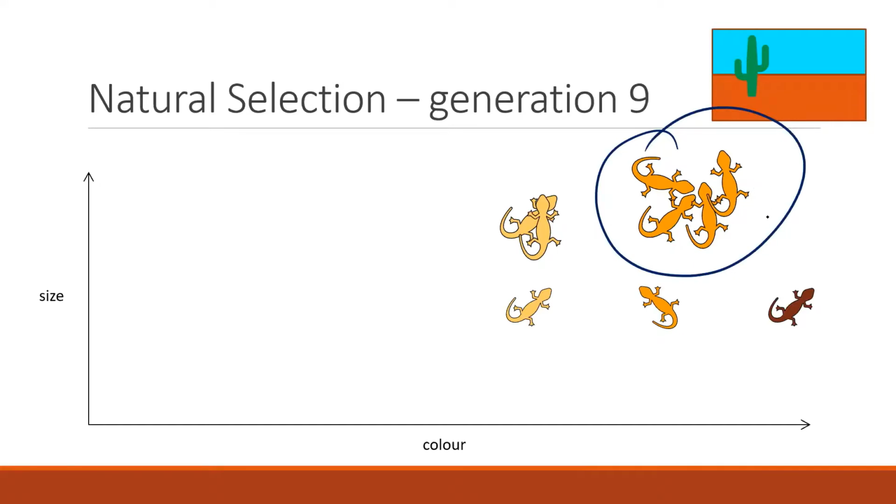This seems to be a growing population. We already have 4 lizards here, and those 4 lizards might go on to make 8 lizards, and then 16 and so on and so forth, because that type of generation has an adaptation. They have adapted to the land because of evolution.